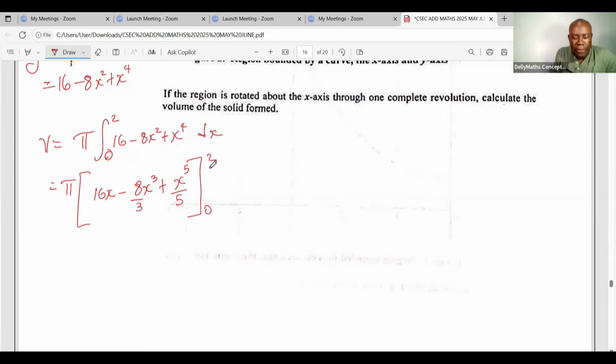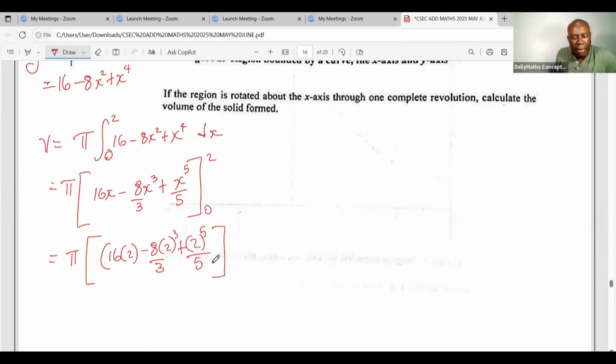Let us see what else we do now. We're going to substitute now, keeping that pi outside. In that, we're going to have 16 times 2 minus 8 times 2 to the third over 3 plus 2 raised to the 5 over 5.